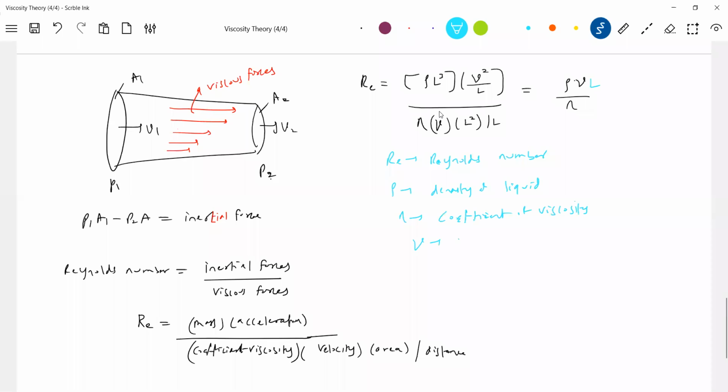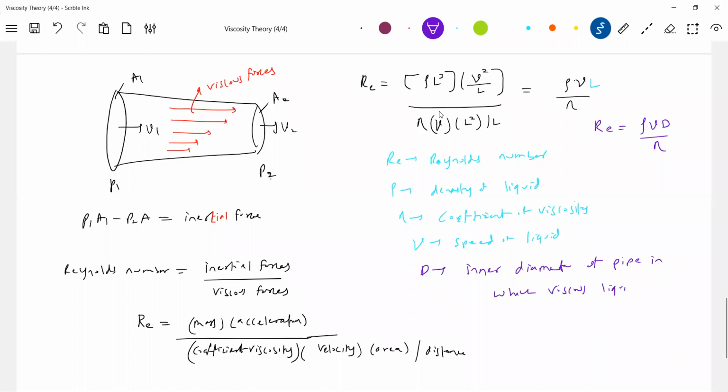V is the speed of the liquid. This L we write as the diameter, capital D, the inner diameter of the pipe in which the viscous liquid is flowing. This is very important.